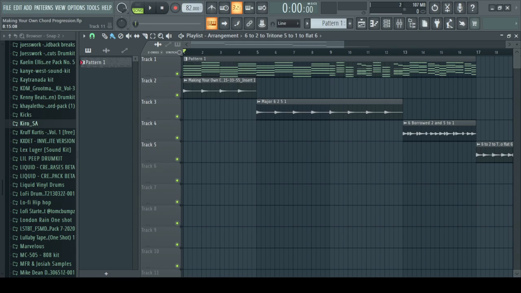Our first camp, we're going to call it the home camp. The chords assigned to that camp are the chords 1, 6 and 3, because they provide the feeling of arrival or resolution. So these are the chords that bring us home.